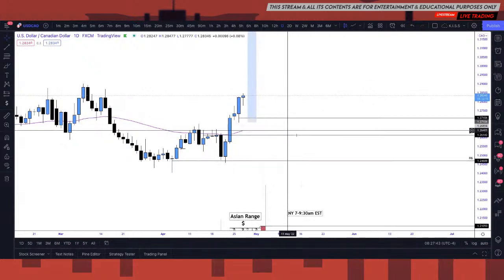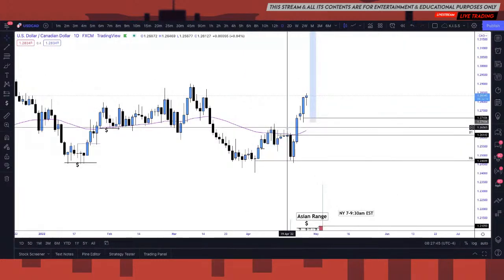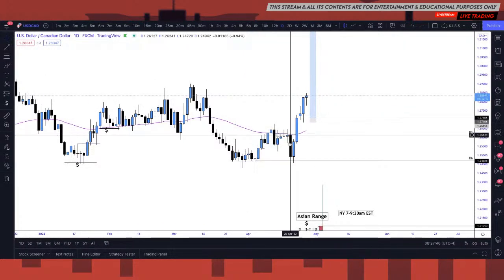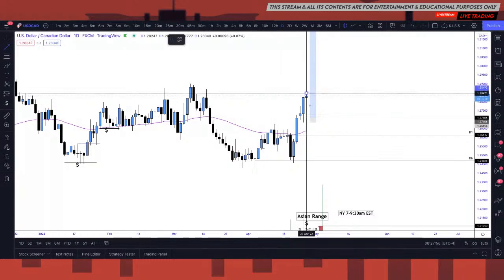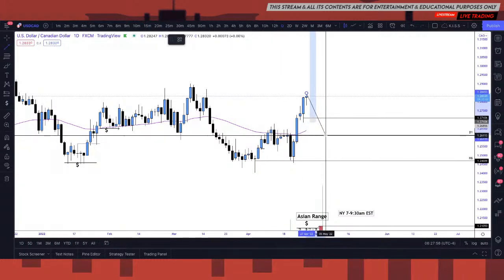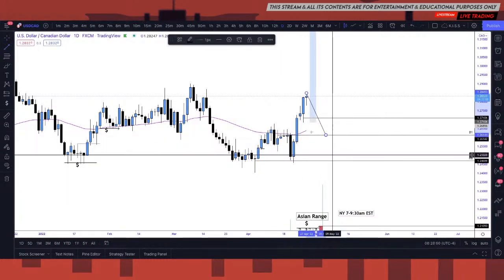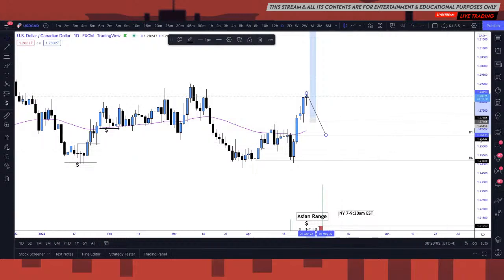Now, if we do get a steeper retracement, which I wouldn't be surprised if we busted through this level, I'm then looking at this daily down close. Okay, I really like this level as well. This is the open of that volume, the sell to buy on the higher time frame. So if we do get some type of significant retracement on the dollar, that's our level, 1.26144.